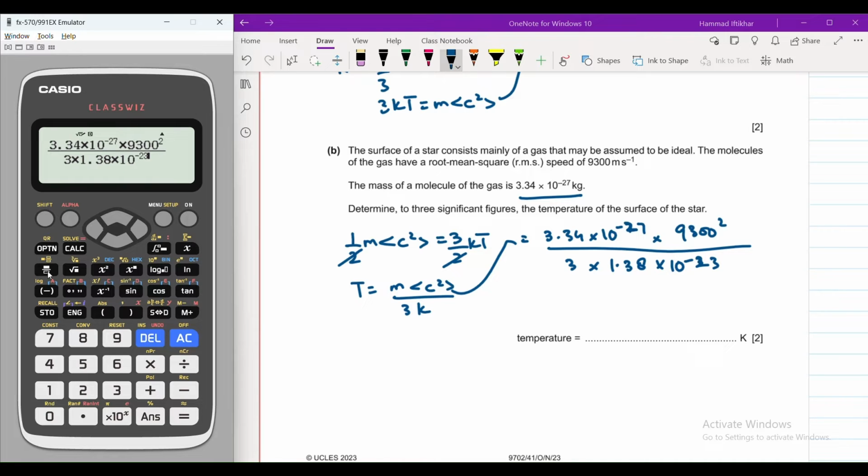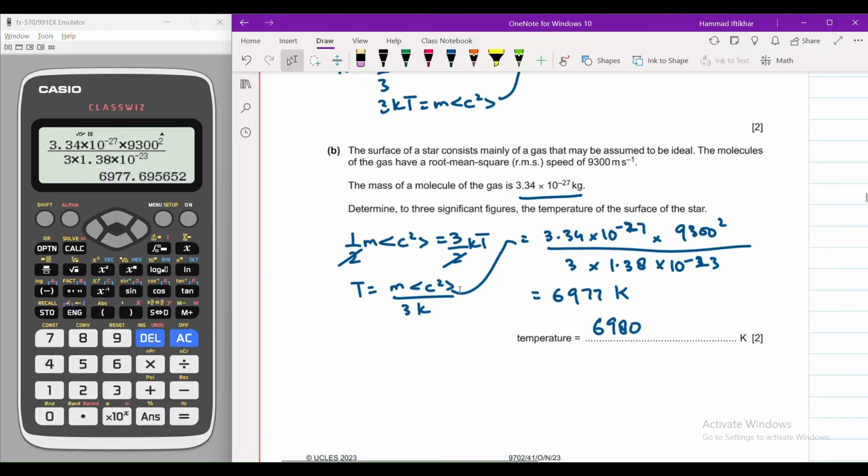So mass times mean square speed over 3k. This comes out to be 6977 Kelvin. We can round it to 3 significant figures because we have 3.34. So 6980, or even if we do 7000, I think that would be okay.